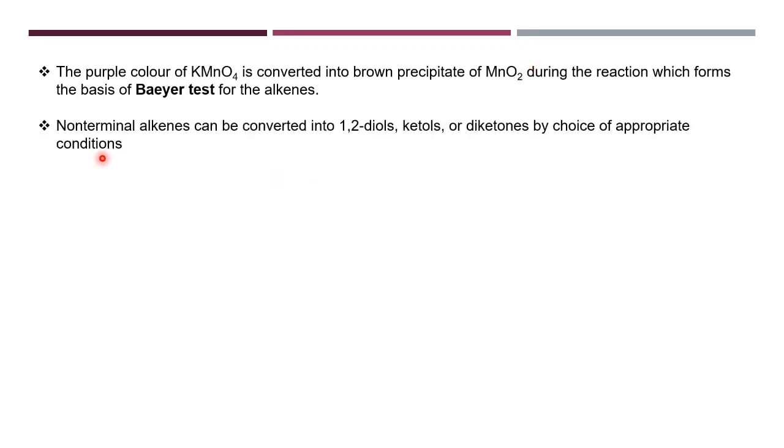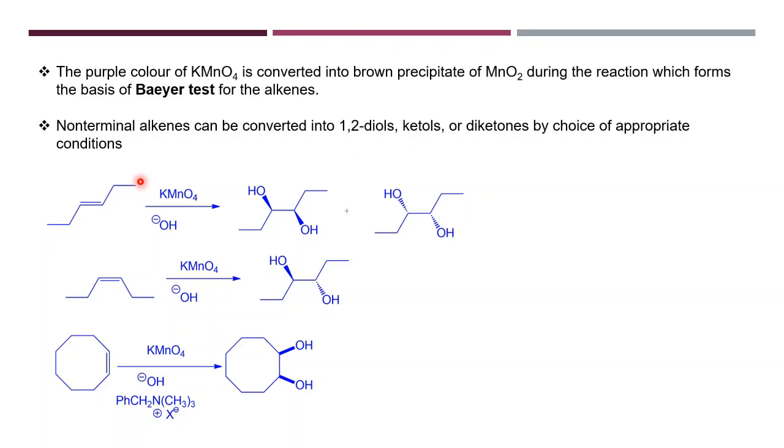Now, next point: non-terminal alkenes can be converted to 1,2-diols, ketols, or 1,2-diketones by the choice of appropriate conditions. Here again, we have taken the reagent. It is used in alkaline medium.